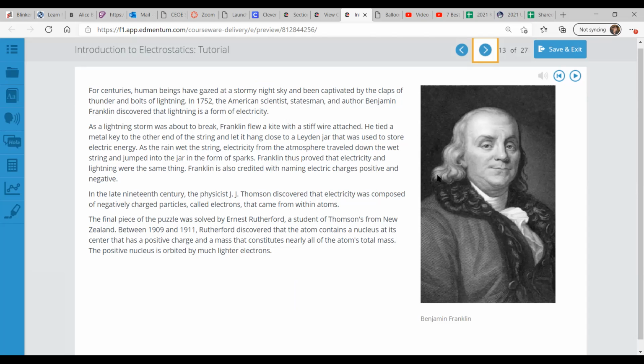Between 1909 and 1911, Rutherford discovered that the atom contains a nucleus at its center that has a positive charge and a mass that constitutes nearly all of the atom's total mass. The positive nucleus is orbited by much lighter electrons. And here's Ben Franklin.